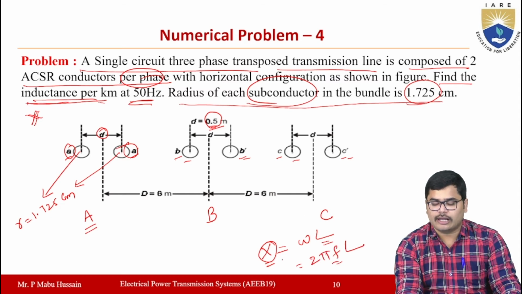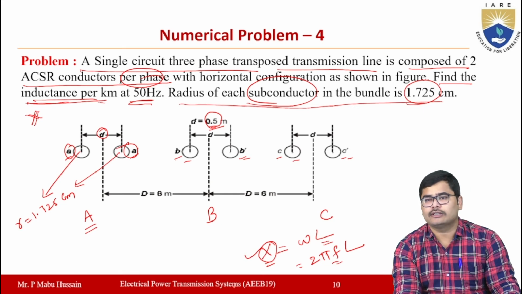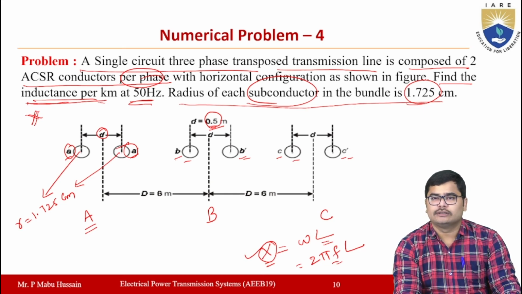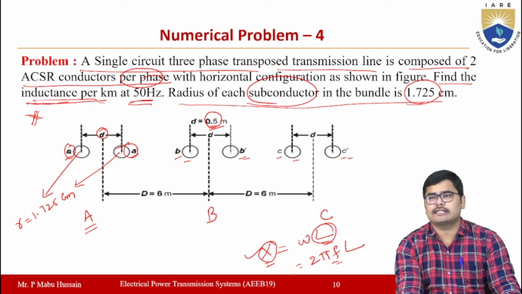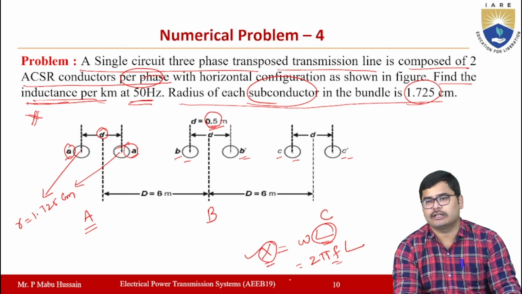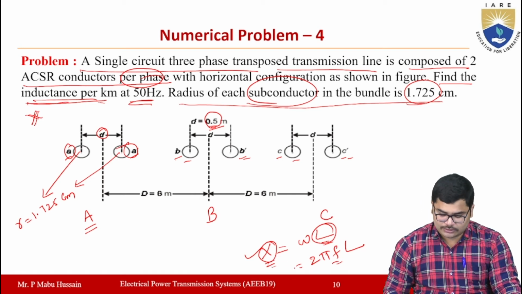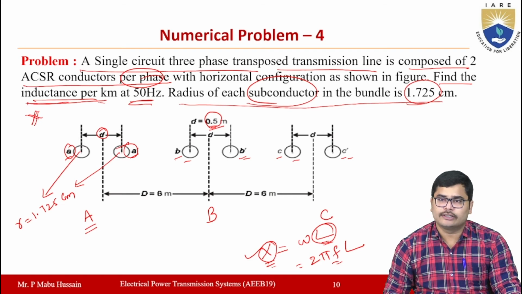So you can even calculate the inductive reactance using this expression. For calculating the inductive reactance, first you need to find the inductance per kilometer length of the transmission line. After that, you can calculate the inductive reactance. So let us see how we can solve this problem.